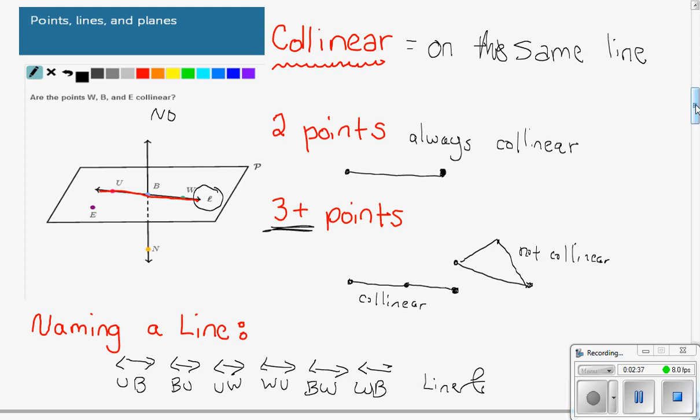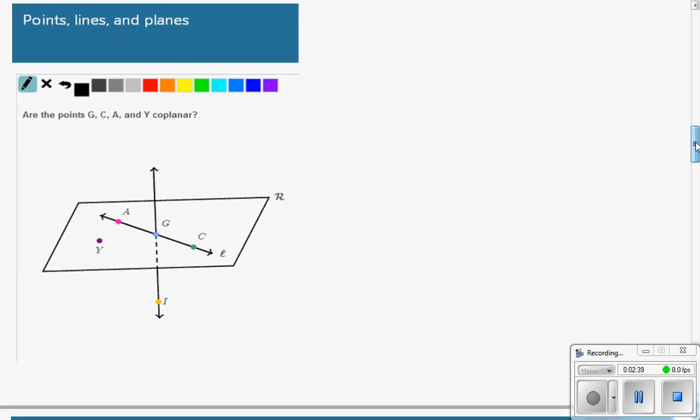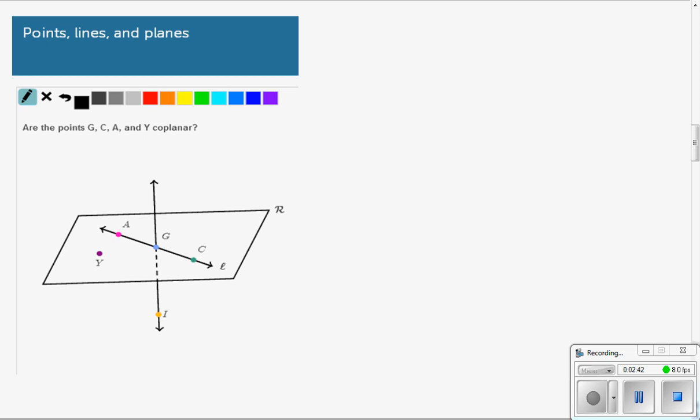Now this same exercise might also ask us if certain points are coplanar. So what does coplanar mean? Coplanar means on the same plane. Think of a plane like a piece of paper that goes on forever.